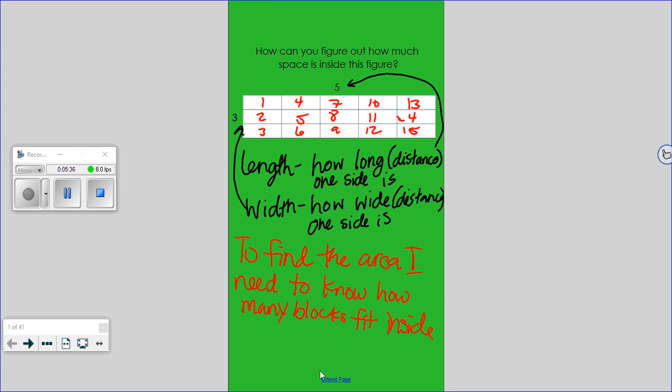Because there are 5 rows of 3. Sure. What does this shape look like? You've seen this before. Ada, what does it look like? Does look like a rectangle, but rectangles we didn't multiply. What does it look like where I would be multiplying?